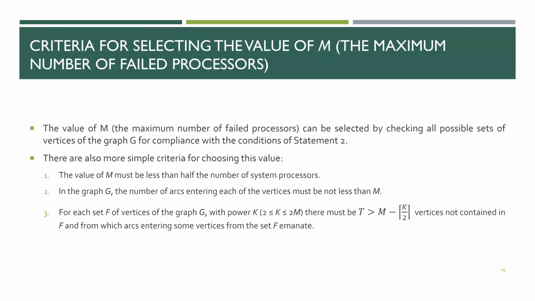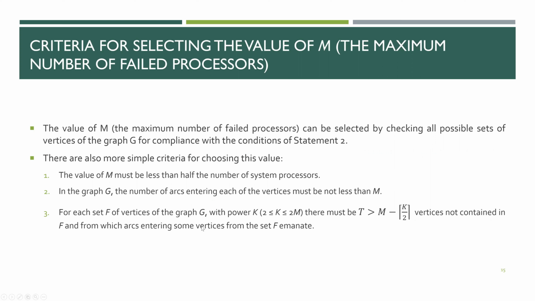In graph G, the number of arcs entering each of the vertices must be not less than M. So we can find the vertex which has the minimal number of incoming arcs, and the value of M will be not greater than this value.